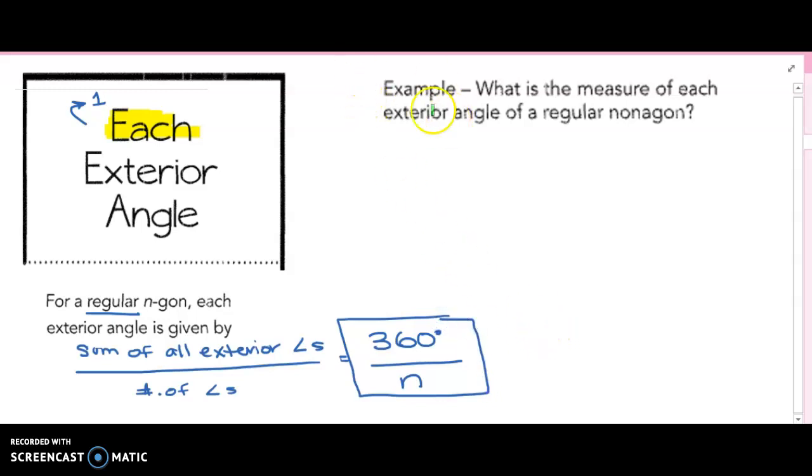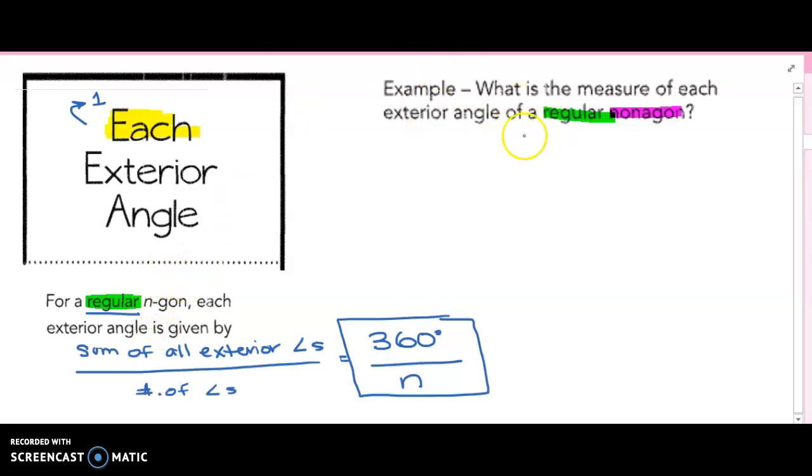All right, so let's look at this over here. It says, what is the measure of each exterior angle of a regular nonagon? Okay, so this word regular is important because it tells us that all angles are the same, and therefore we can use this formula. Now, I probably should have come back and highlighted this. This is for a regular polygon.